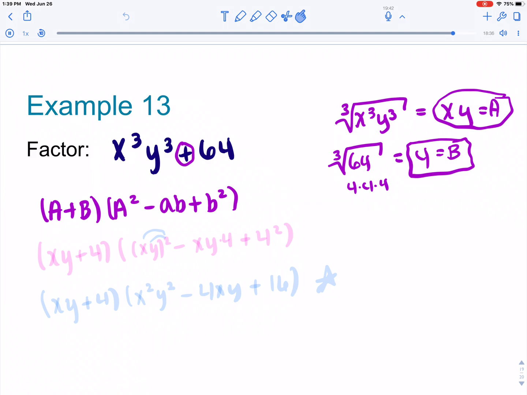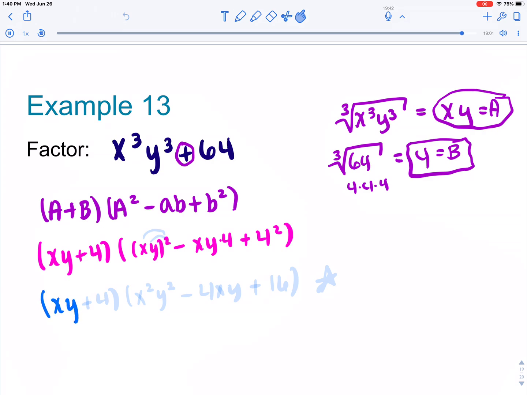Okay, so I'm going to plug it in now. I'm going to say xy plus 4. And then this one I've got to be careful again. (xy) squared minus xy times 4 plus 4 squared. Okay, so I just got to clean it up and I'll get my final answer.